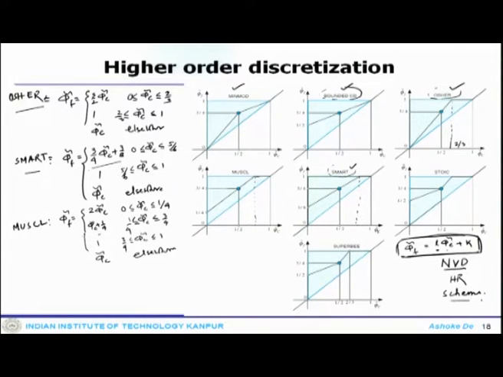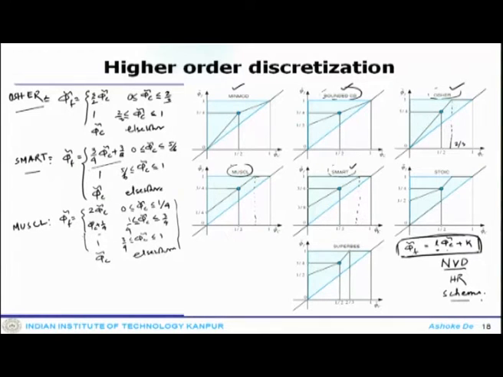So the MUSCL scheme is split on this normalized variable into 4 different segments. That is how you represent the MUSCL.